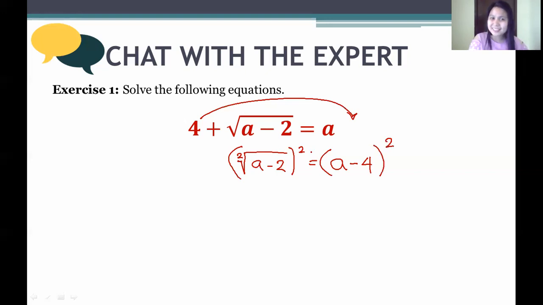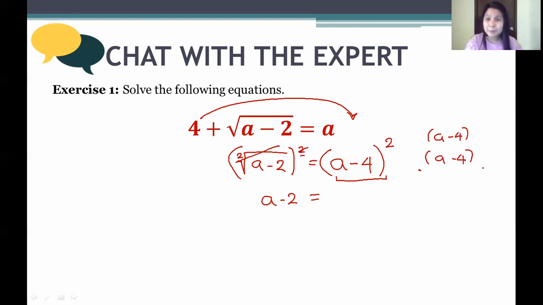The index and the exponent are the same. So the radical sign is now canceled. What's left? A minus 2. But here, you need to expand this. And how to do that? That's a minus 4 times a minus 4.